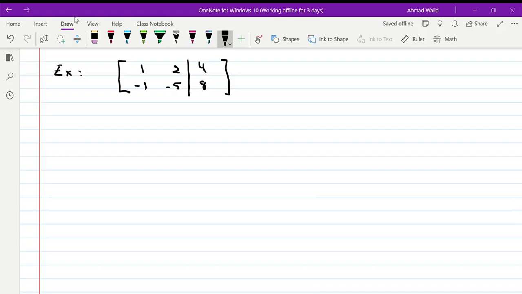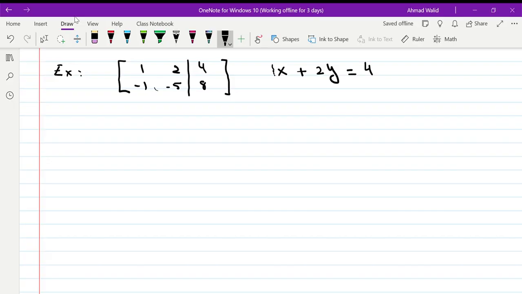The numbers on the left side of the vertical bar are the coefficients. Of course, I see I have two variables. One of them is x, and the coefficient of x is 1. We don't write 1x, right? We write just x. Then I have a positive 2, it means I have a plus sign here. The coefficient of y is 2, so 2y. Vertical bar means equal, and my constant is 4.